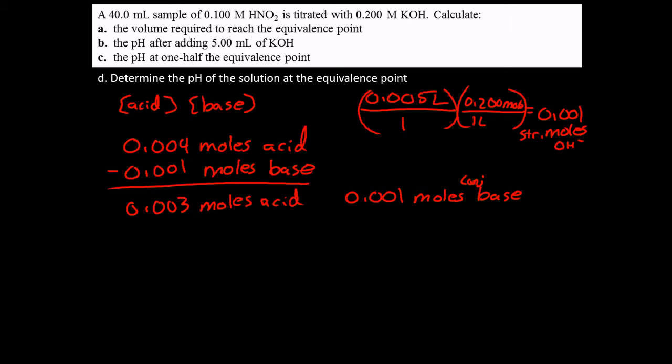Looking for my Ka's. There they are. Okay. So nitrous acid has a Ka of 4.6 times 10 to the negative 4. Which means that its pKa would be negative log of 4.6 times 10 to the negative 4, 3.34.